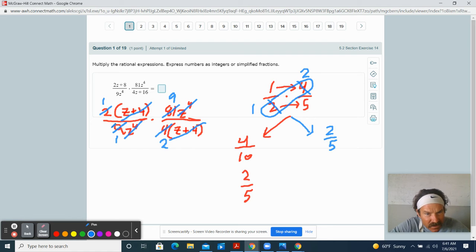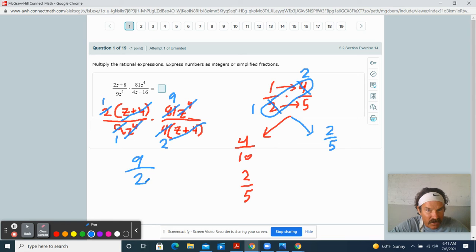So a lot of stuff cancels. Make sure you're very neat and not too sloppy, so that you know what's left over when you cancel something. So I'm changing colors here. There's a 1 left over here, and there's a 9 left over here. So 9 times 1 is 9. And there's a 1 left over here, and a 2 left over here.